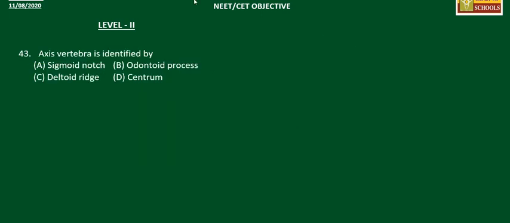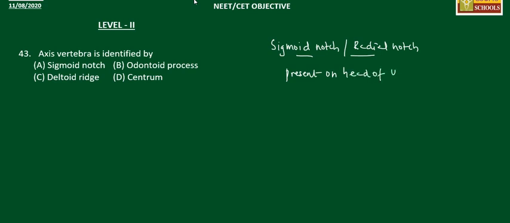The next question, axis vertebra is identified by. The first option is sigmoid notch. What is this sigmoid notch? This is also called the radial notch, and it is present on the head of the ulna. It is the one that forms the radio-ulnar joint.